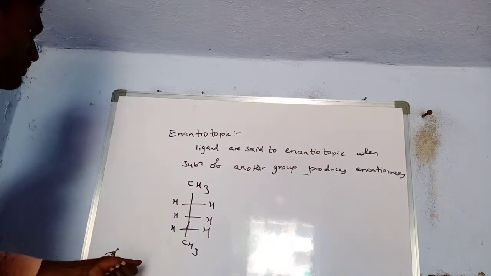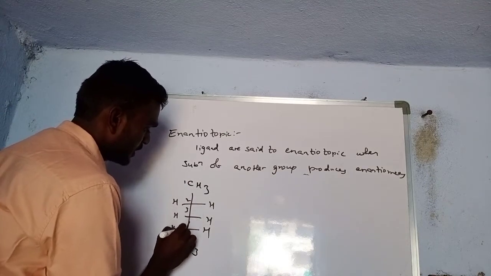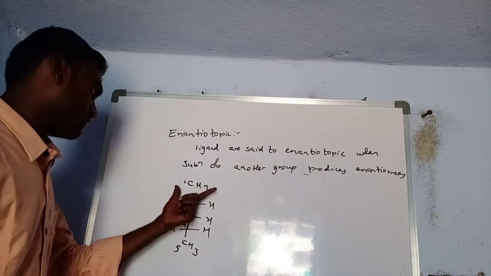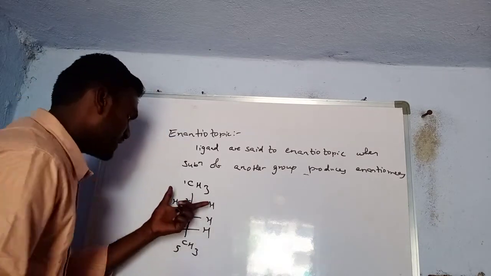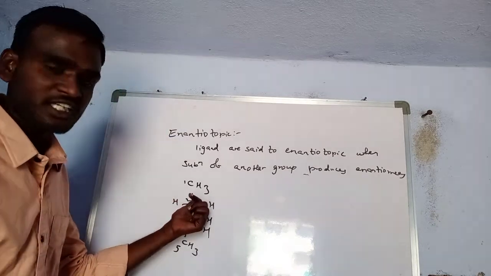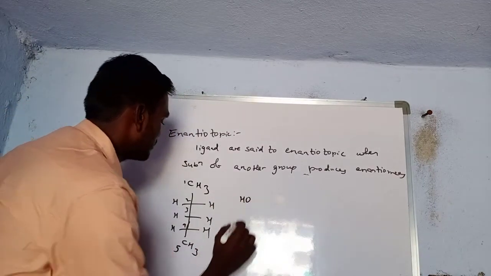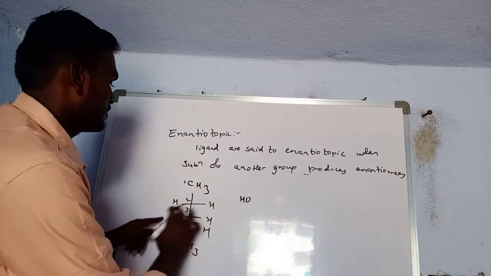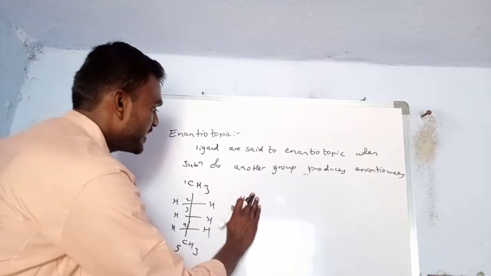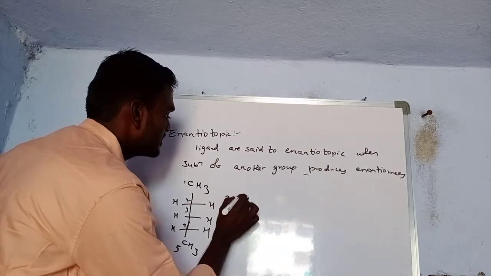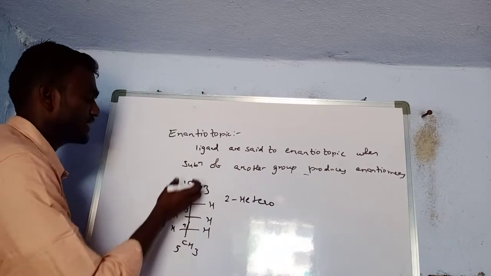If we take carbon 1, 2, 3 and 4, the hydrogens present on the second carbon are heterotopic. The ligands present in the second position, these two are heterotopic.